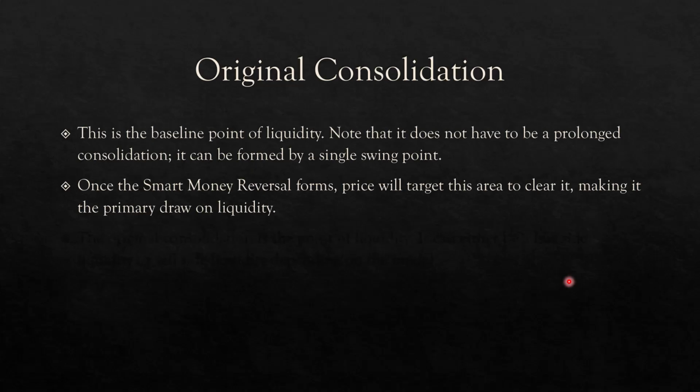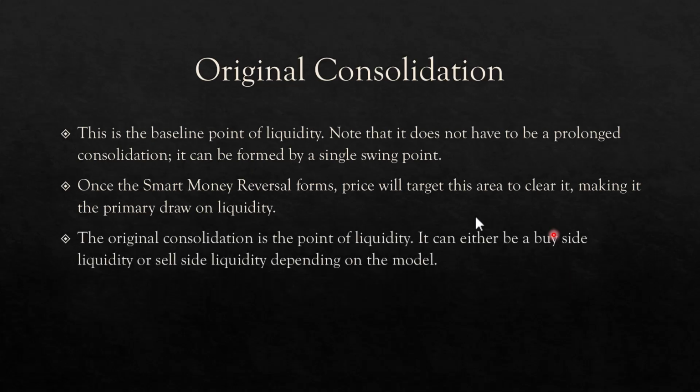That is when we'll be on one side of the marketplace, depending on the context, either the sell side of the curve or the buy side of the curve. Then we'll be trading in that particular direction, on that particular side of the curve, targeting the point of original consolidation or point of liquidity for us to have the clearing so that this particular model can be complete.